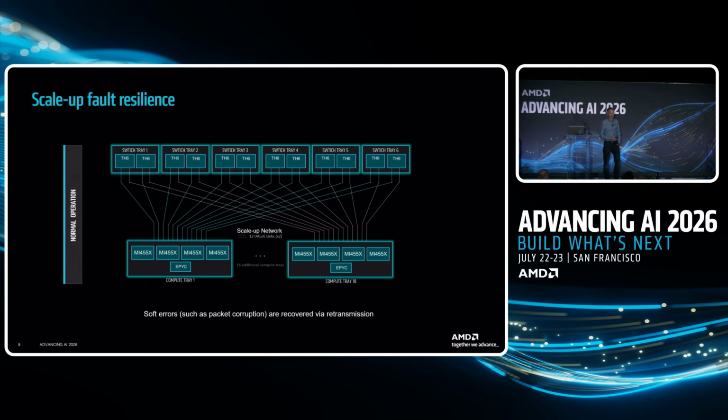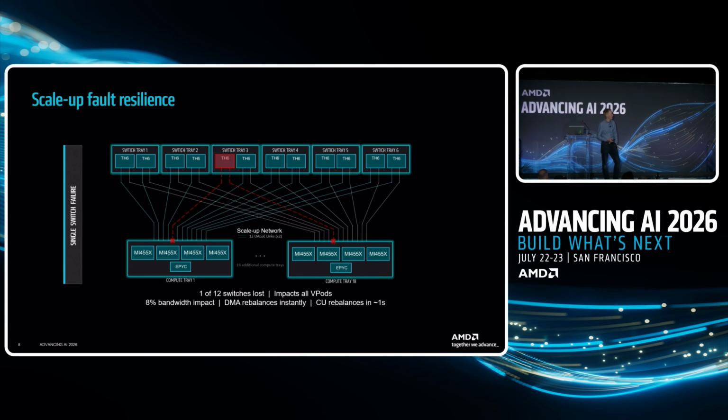Now, failure resilience and fault resilience is a really, really important part of what we've done in Helios. We've spent an awful lot of energy on it. And Helios is really unique in its ability to tolerate and keep going in the face of failures. And in terms of the scale-up network, we can survive the failure of any individual link, any individual switch.